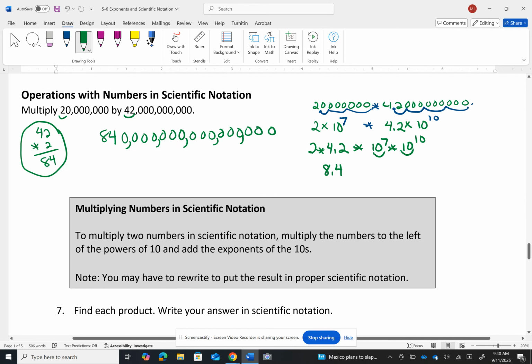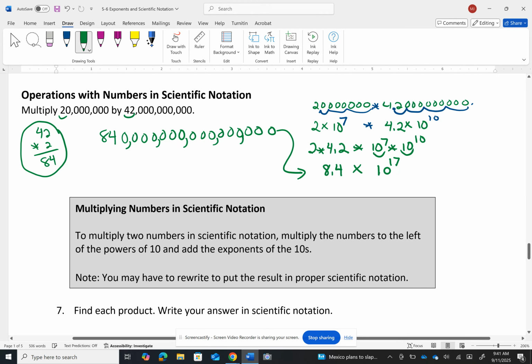These have the same base, which is 10, and so then I could add the exponents and get 10 raised to the 17th power. And so in scientific notation, this number would be 8.4 times 10 to the 17th power. So scientific notation can enable me to multiply pretty quickly.